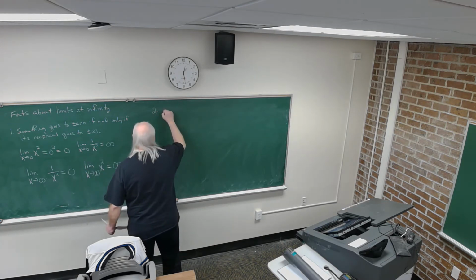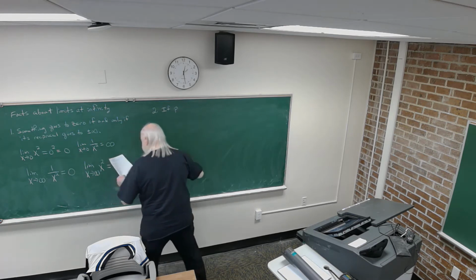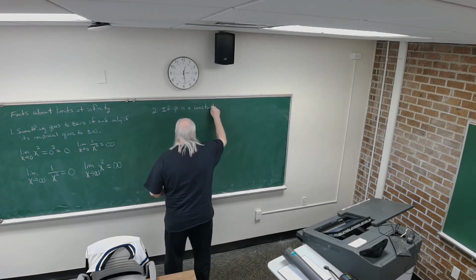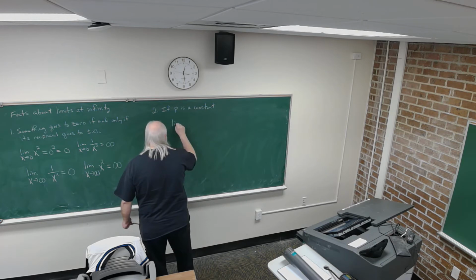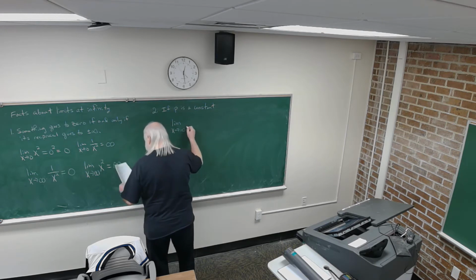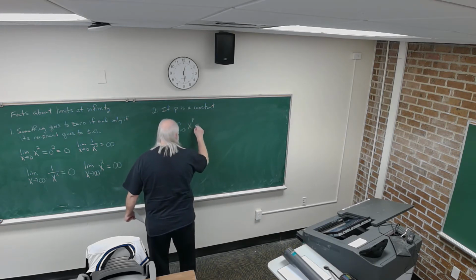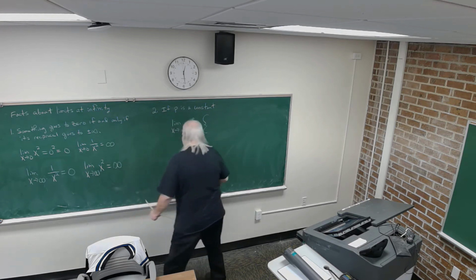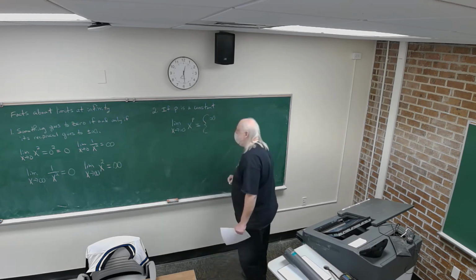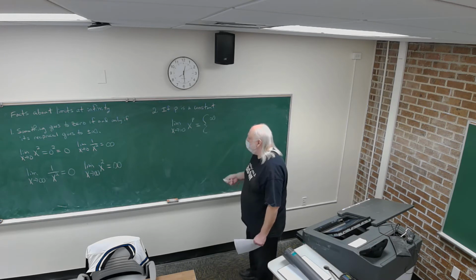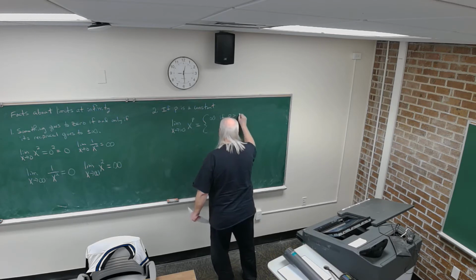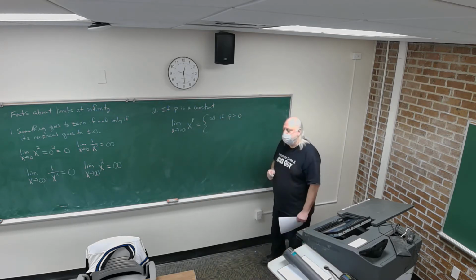Okay. The second fact, if p is a constant, the limit as x increases without bound of x to the p power is infinity, or x to the p is increasing without bound, as x increases without bound, if the exponent p is positive, greater than 0.